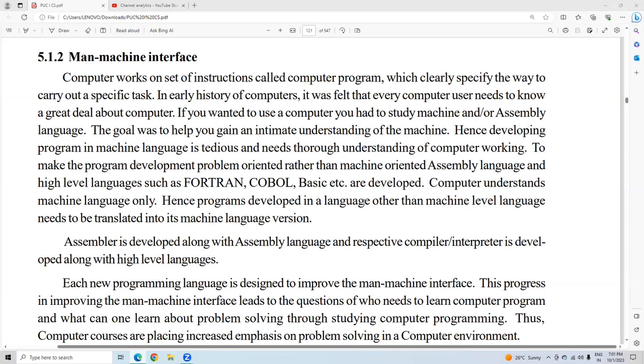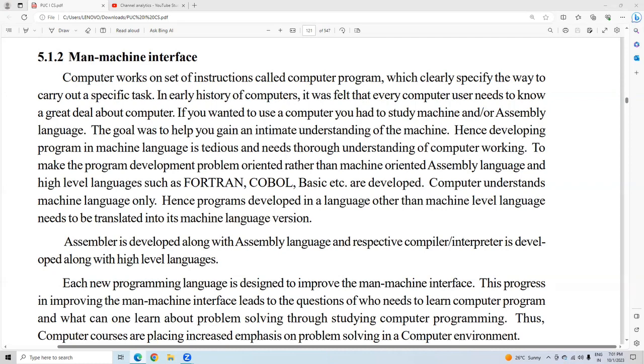As there was great difficulty in learning machine language and assembly level language, right? They developed high level programming languages where we write all the commands in simple English statements, which were easy to remember, easy to write, and easy to correct, right? But when you are writing in English, the computer doesn't understand your English commands. It has to be translated into machine language.